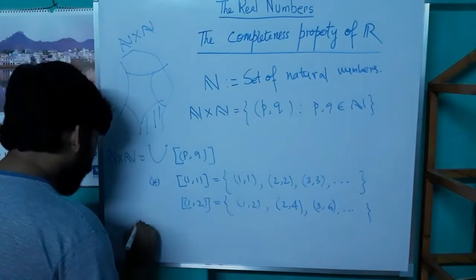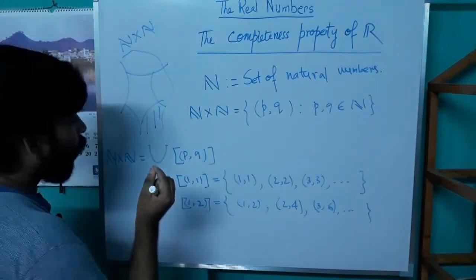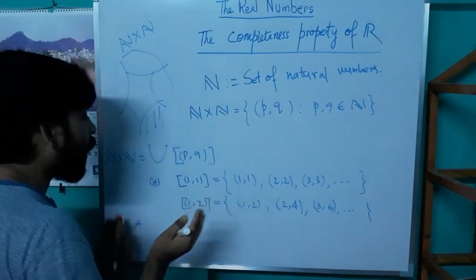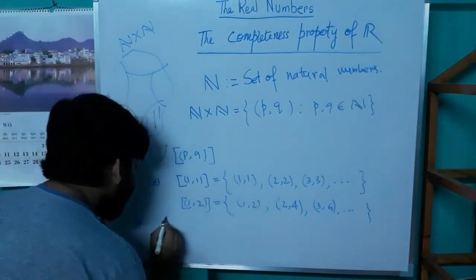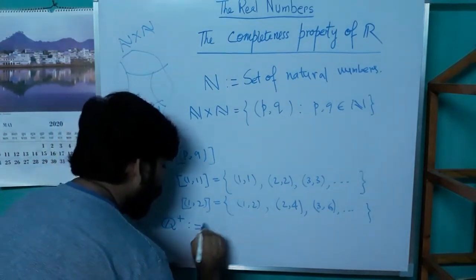Now we take exactly one element from each equivalence class and take the union of them, and that union is denoted by the symbol Q plus.